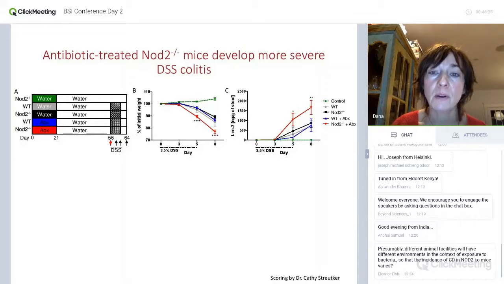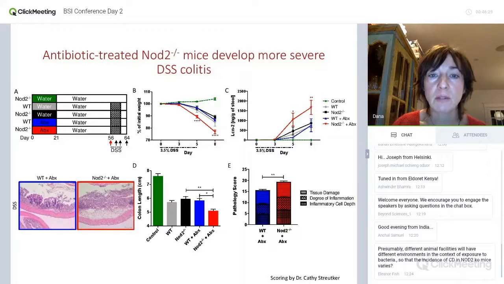Again, the Nod2 knockout mice on antibiotics had a greater degree of inflammation compared to the other groups. This is also consistent with what we saw in pathological assessment by our pathologist, Dr. Kathy Struker, where she saw that the Nod2 knockout mice on antibiotics had a greater degree of pathology compared to those wild type animals.